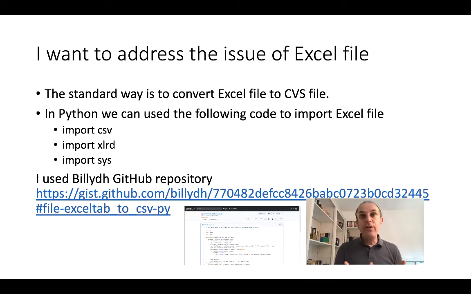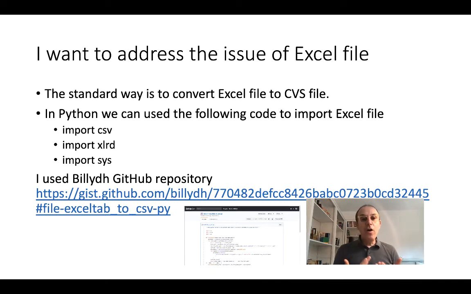So in order for Python to read Excel, it has to import CSV, and it has to import some form of XML reader. It is called xlrd, and it has to import sys in order to do that.